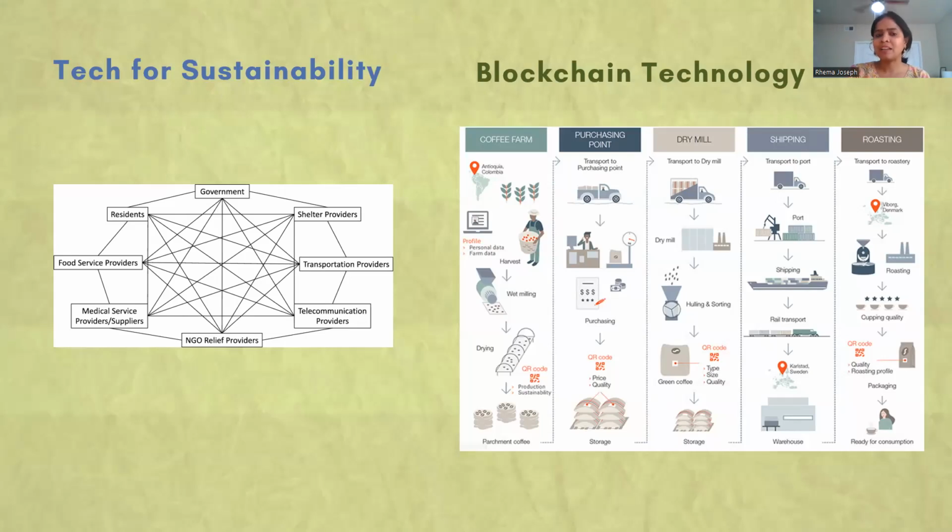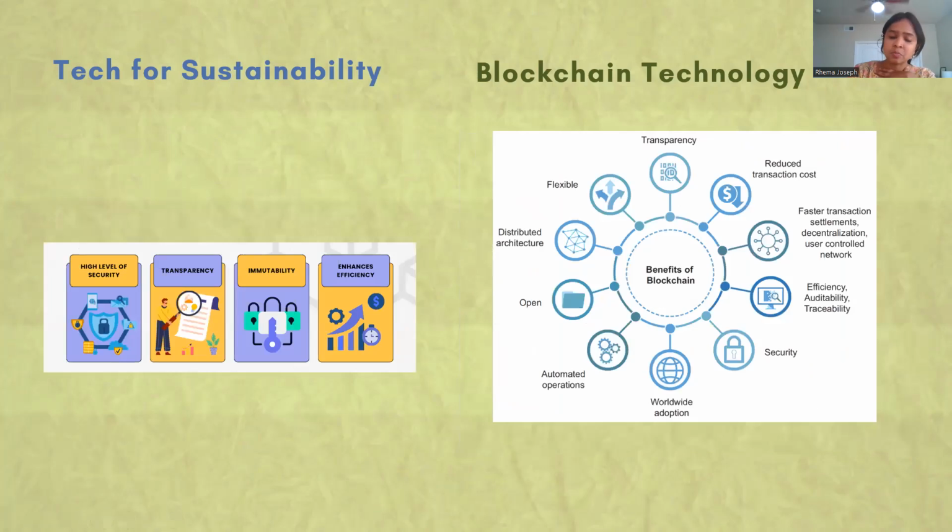But again, it should be economically, socially, and environmentally sustaining. Only then it will be good for companies. But major companies do depend on blockchain to process their data right from the beginning to the end, right? We saw even transport is a major area where blockchain technology is used.